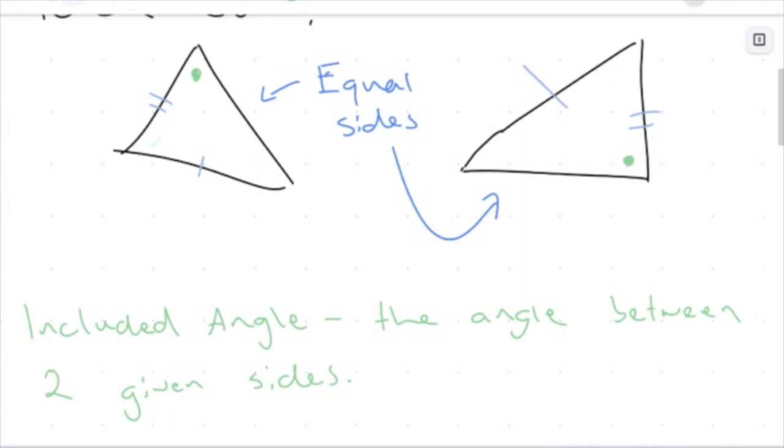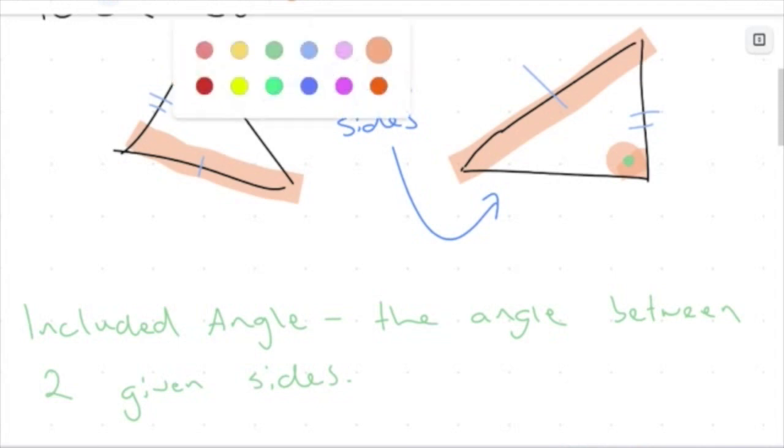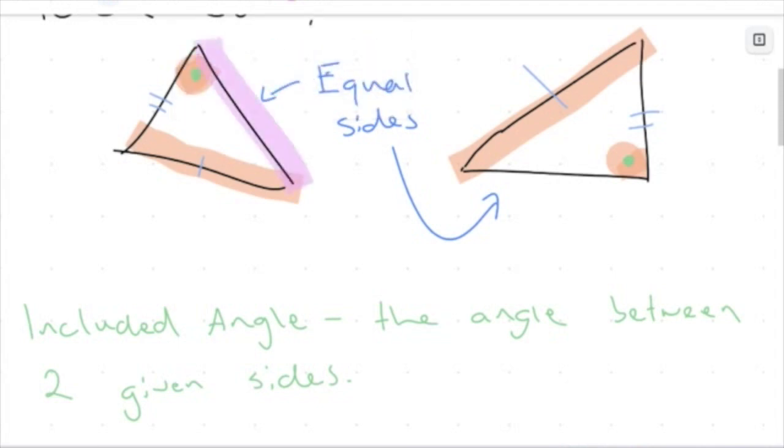Well, this angle, as well as this angle, these two oppose a side that we already know is equal. So this particular angle tells us nothing new. It tells us nothing about the unknown side that we require. It's redundant.